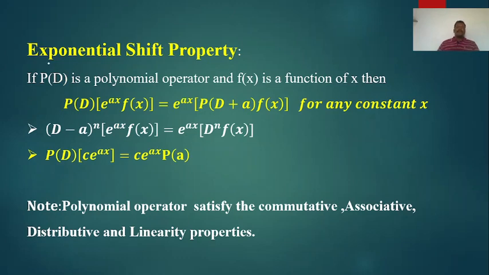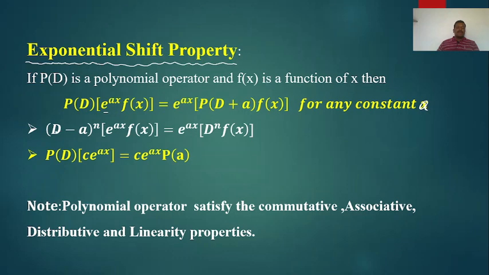And one more property, the exponential shift property. If P(D) is a polynomial operator and f(x) is a function of x, then P(D) (e^(ax) f(x)) = e^(ax) P(D + a) f(x) for any constant a.